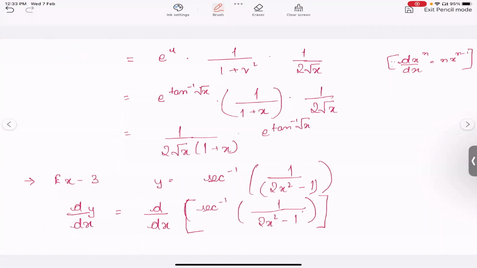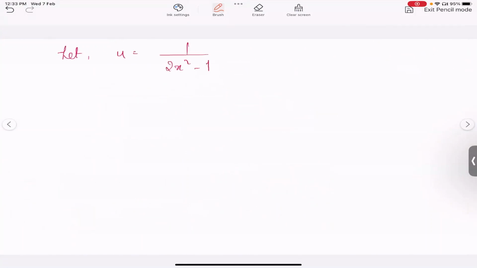Therefore dy by dx will be equal to derivative of sec inverse u with respect to u times du with respect to x, which will be equal to 2x square minus 1 to the power minus 1.